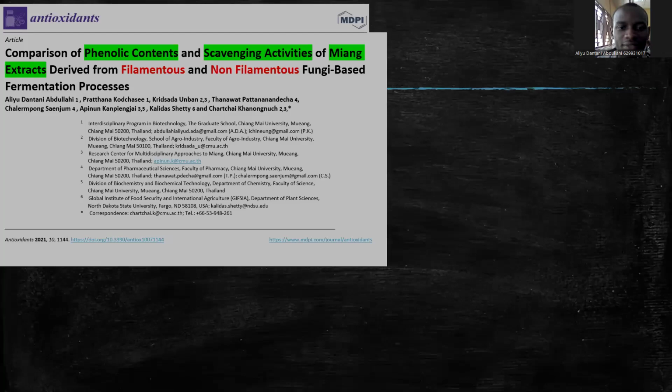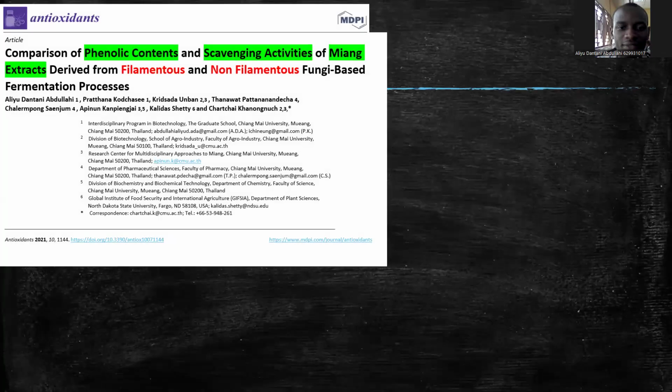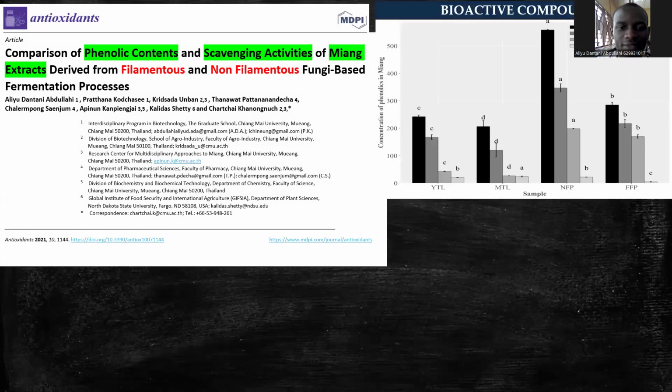All right. This was one paper we published in 2021. These are some of the results. And then you see the statistical significance here, this C. These are called data labels, right? So we use them in statistics to show if there's a significant difference or not.